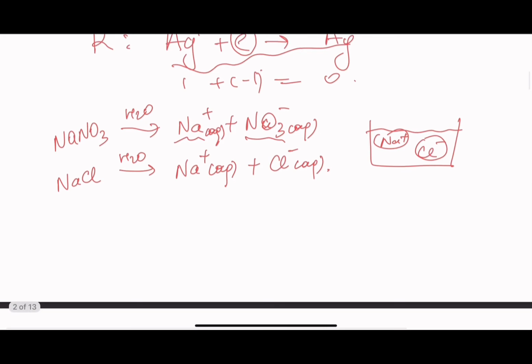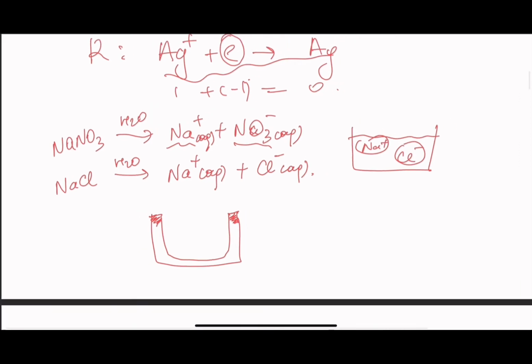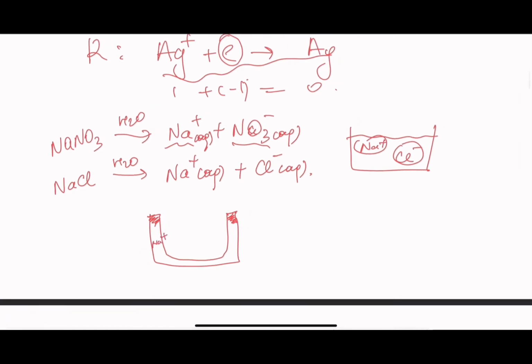Okay, and we pour this inside a tube, a U-tube. It's not the U-tube that you watch, but it's a U-tube for our lab. So we have lots of sodium ions and nitrate ions inside this, and we put the cotton ending in here, so only ions can pass through it. Sodium can go in and out, or nitrate can go in and out, but the water is going to stay inside.